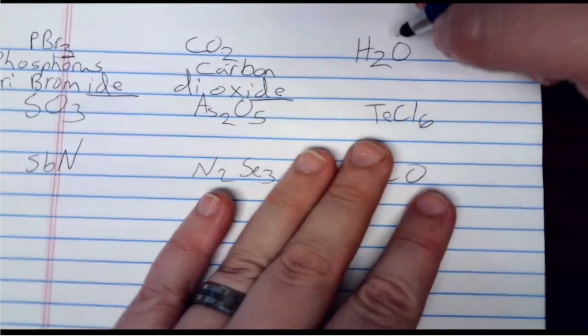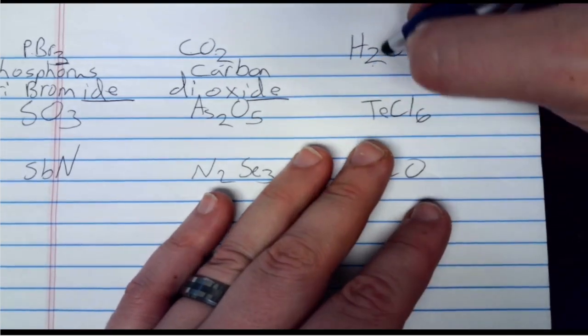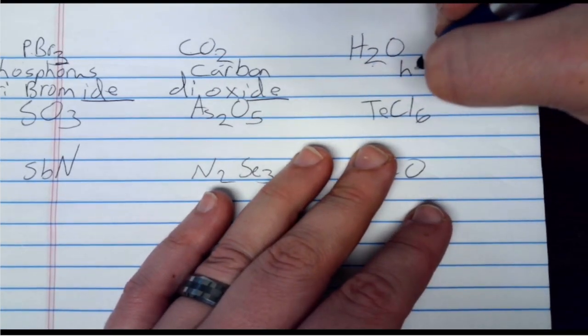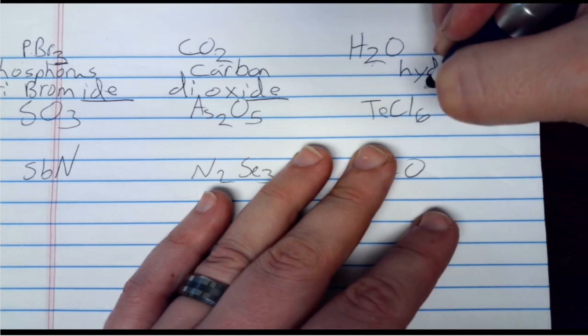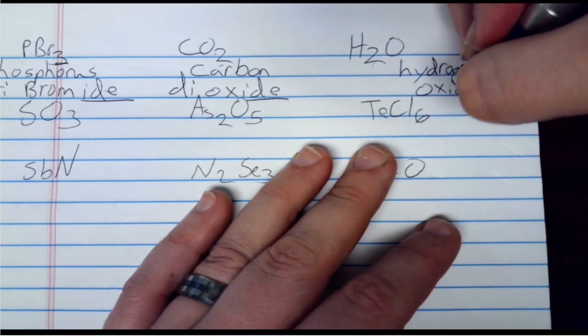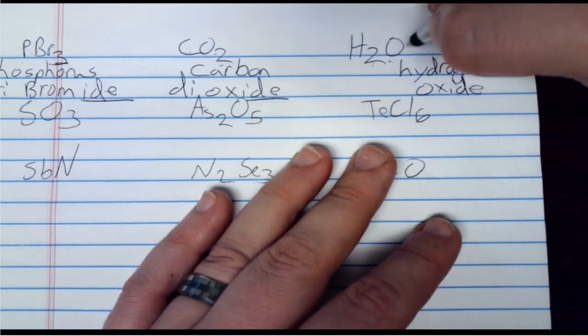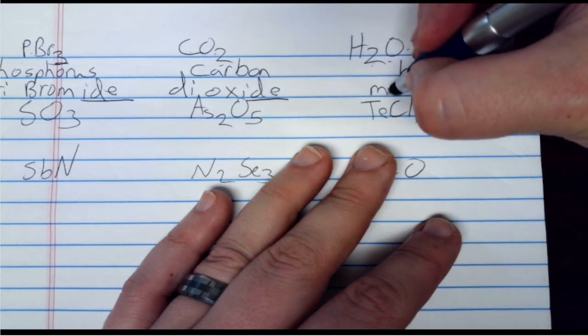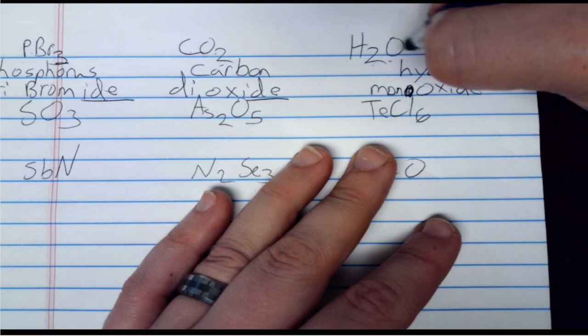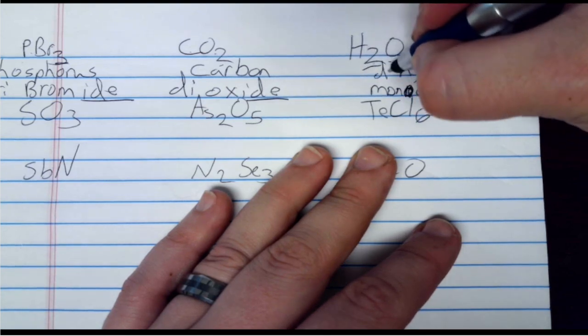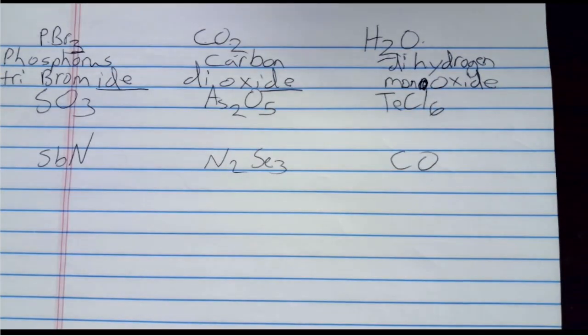Now, we usually just call this water, but if we were to name this binary, we have hydrogen and oxygen becomes oxide. Now, because this is 1, it's monoxide. And because this is 2, we'd call it dihydrogen monoxide.